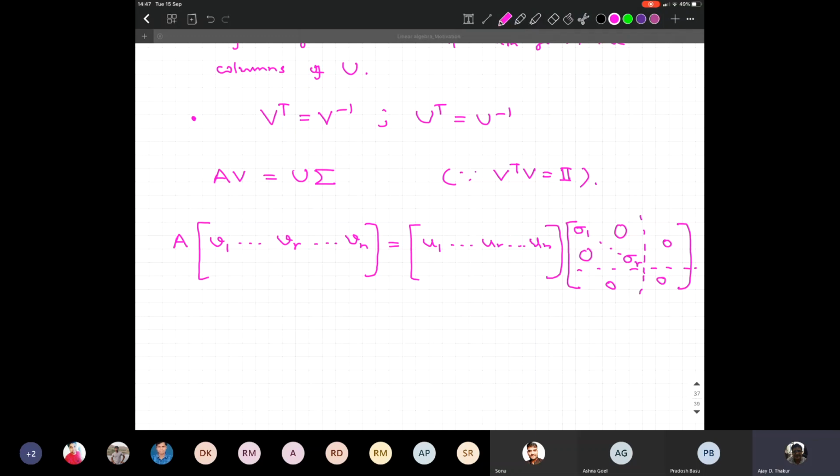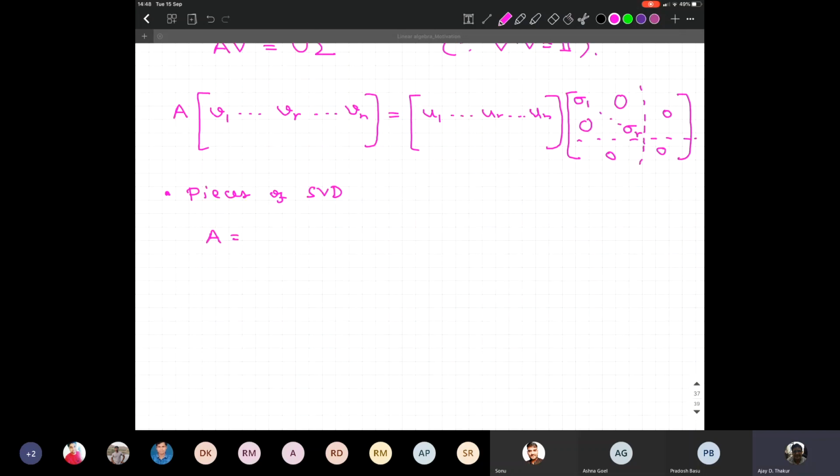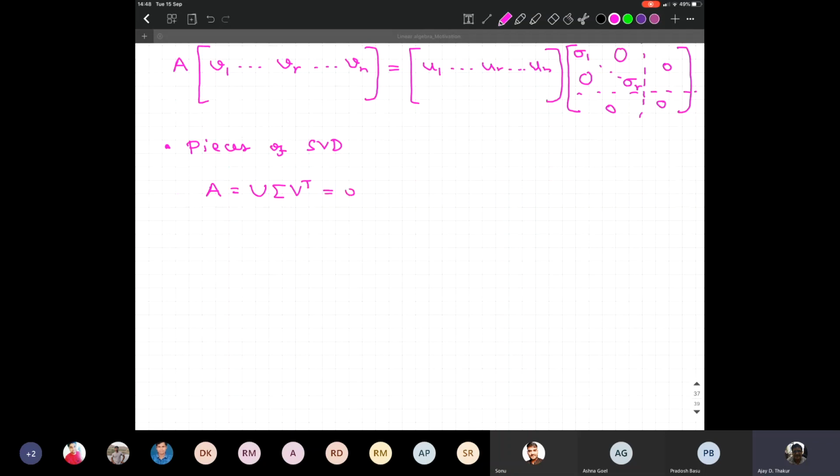The interesting thing about this is that one can talk in terms of pieces of singular value decomposition. So A, which is otherwise written as U sigma V transpose in its grand matrix form, could be written as an expansion: sigma 1 U1 V1 transpose plus so on till sigma R UR VR transpose.